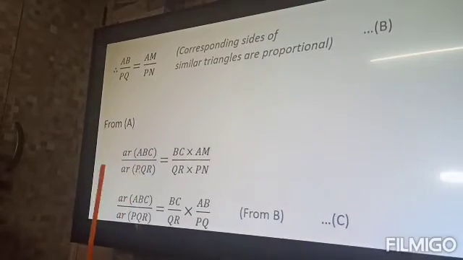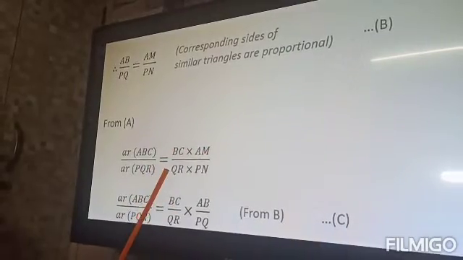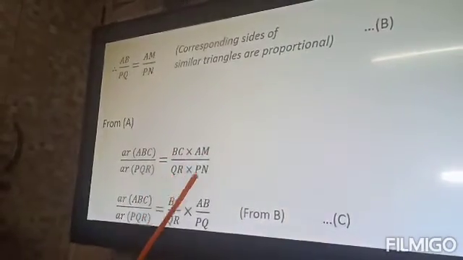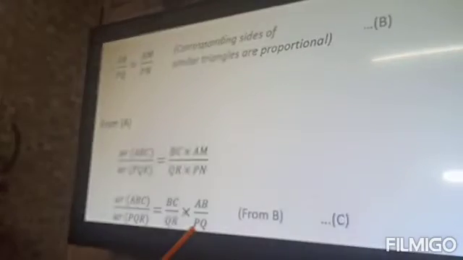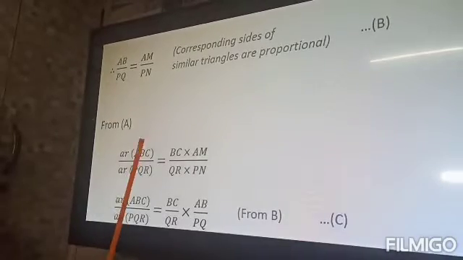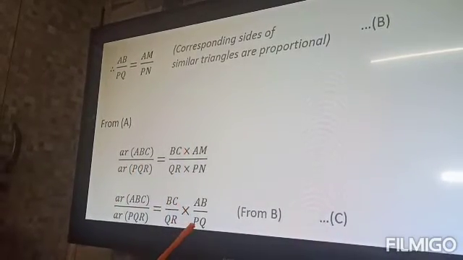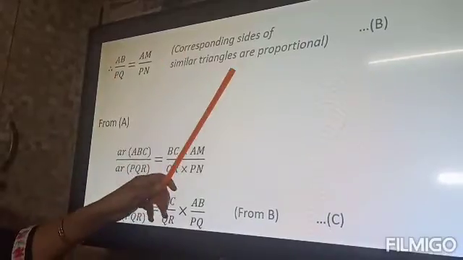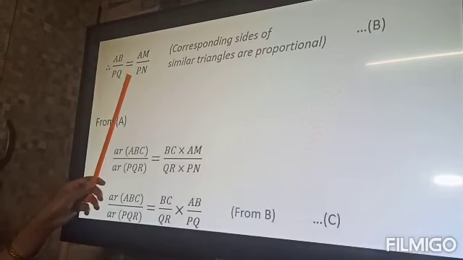Area of triangle ABC divided by area of triangle PQR is equal to BC into AM divided by QR into PN. Here BC by QR will be as it is, and only AM by PN is replaced by AB by PQ, because in equation B, we proved that AB by PQ is equal to AM by PN.